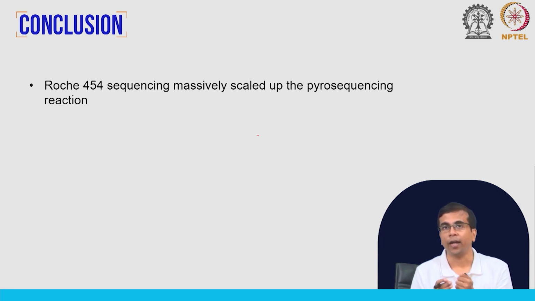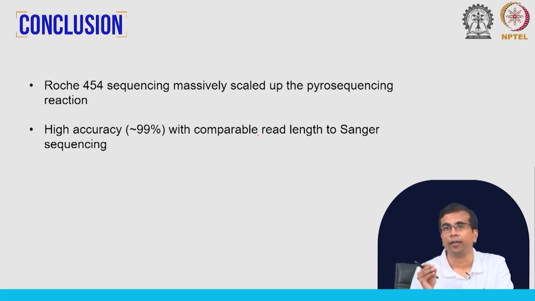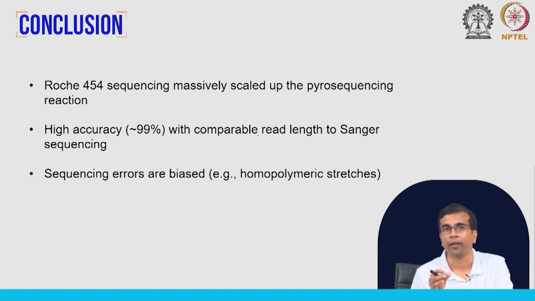We have talked about how these base calls depend on the number of base additions; the signal should scale linearly with the number of bases added. This method is highly accurate, about 99%, with a read length comparable to Sanger sequencing. Sanger sequencing gave about 900 base pairs to 1 kb read length, while this method gave about 500 to 600 base pairs at most.